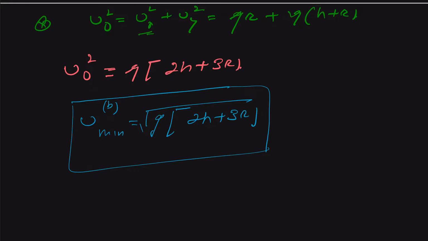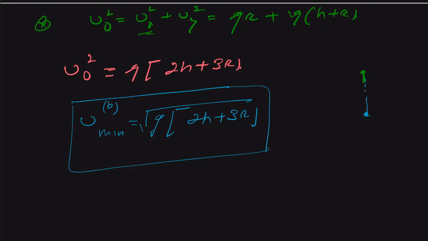Which basically means that if it is a maximum height, then the launch should be just below it, so that we get the minimum velocity to touch this apex point.